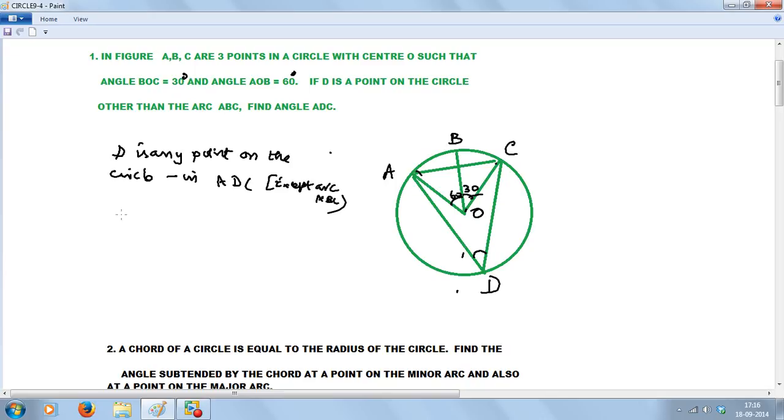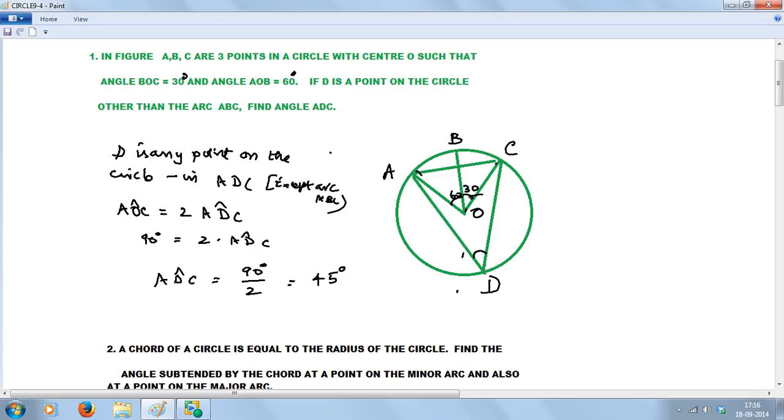So what does the theorem say? Angle AOC is 2 times angle ADC. AOC we know is 90 degrees, equal to 2 times angle ADC. So angle ADC is equal to 90 degrees divided by 2, which is 45 degrees.